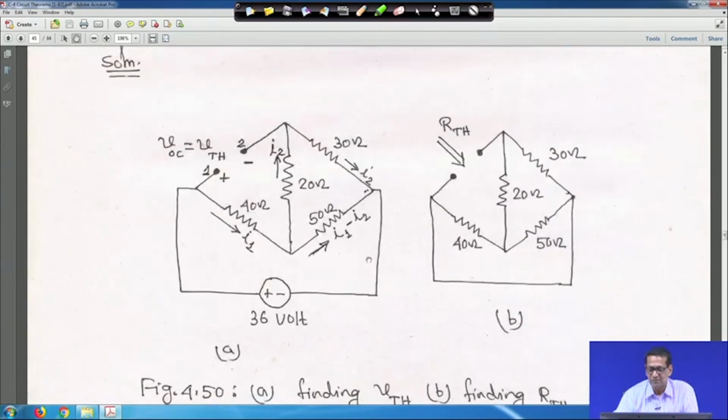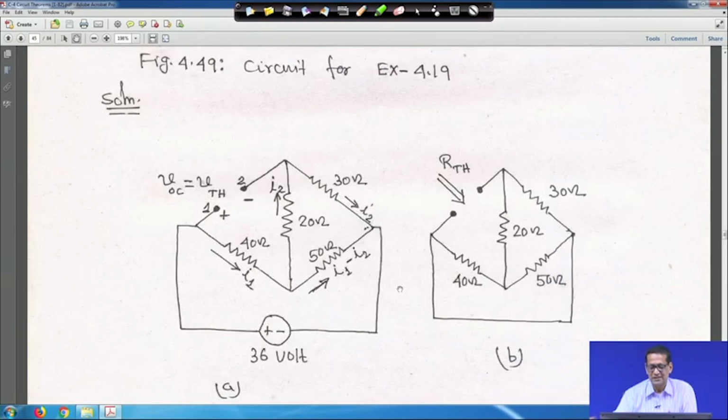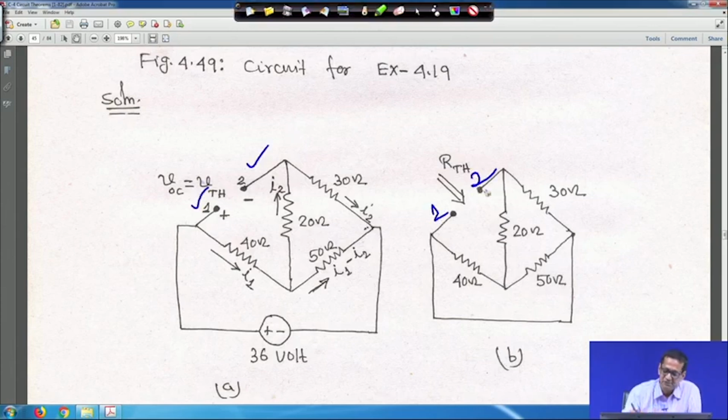Now, you have to find out R Thevenin. If you redraw the circuit, this terminal is 1 and this terminal is 2, because this is 1, this is 2, this is 1, this is 2. Now, these two points are a common point. So, basically the circuit I am trying to make is like this: this is 2, and this is your 20 ohm resistance.